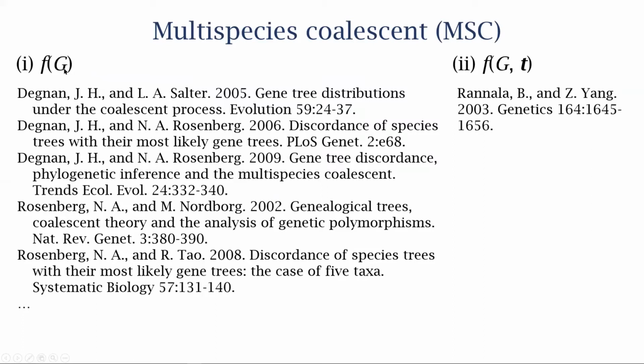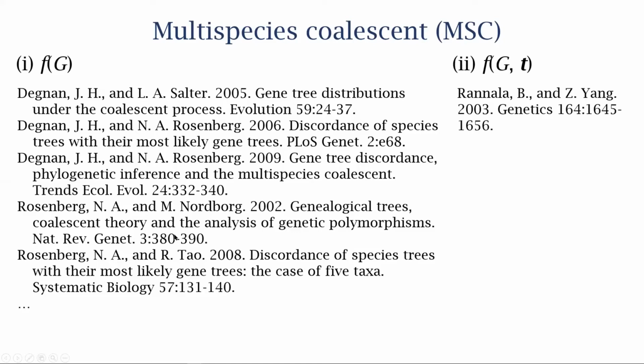So my big G here refers to the gene tree topology. And then my small t here represents the coalescent times or branch lengths on the gene tree. So one line of research develops this gene tree probability.